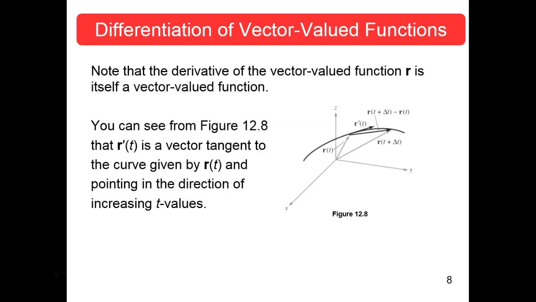It is telling you what's happening as the top changes relative to the bottom. The top being your vector here, the bottom being the t plus delta t minus t.